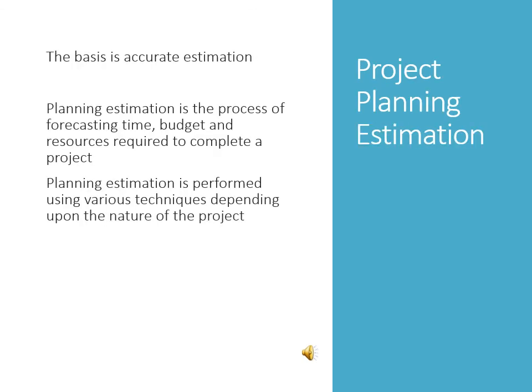Project planning estimation. The basis is accurate estimation. Planning estimation is the process of forecasting time, budget and resources required to complete a project. Planning estimation is performed using various techniques depending upon the nature of the project.